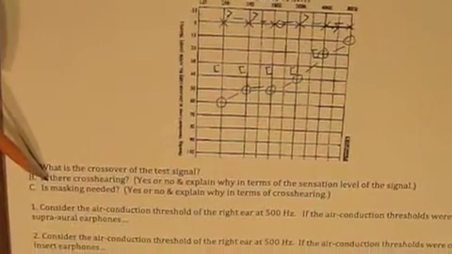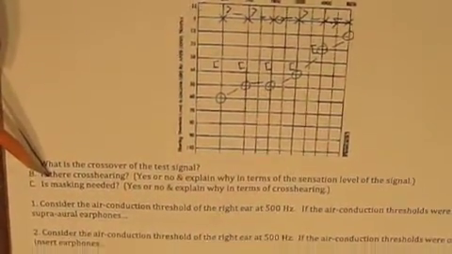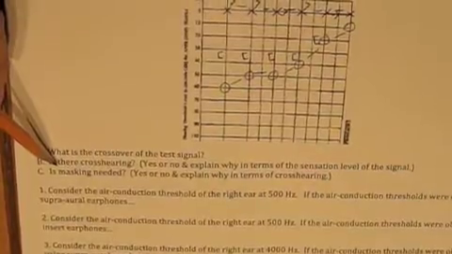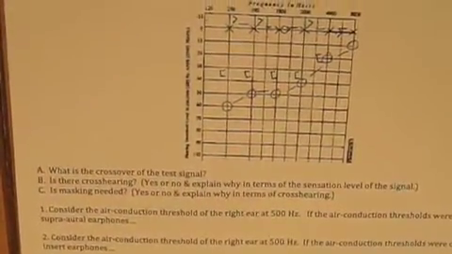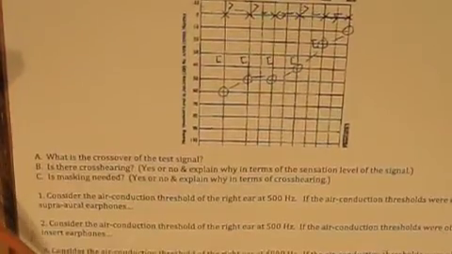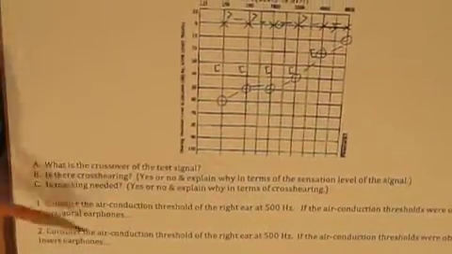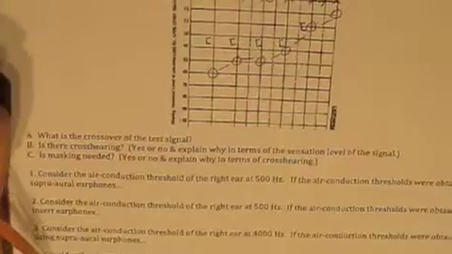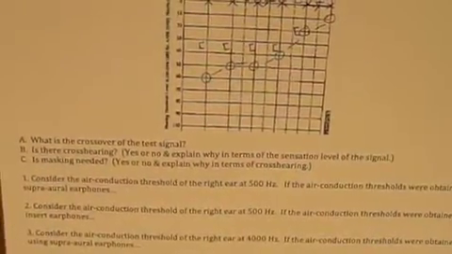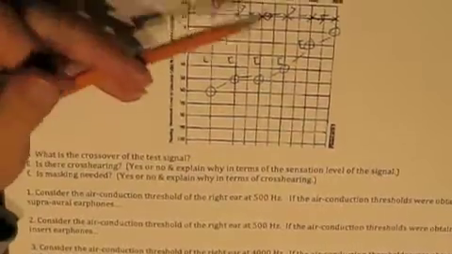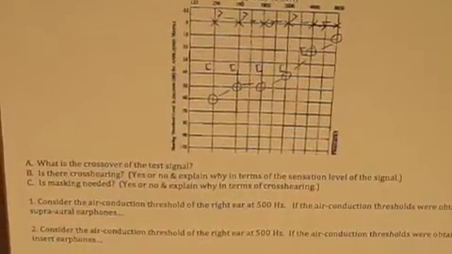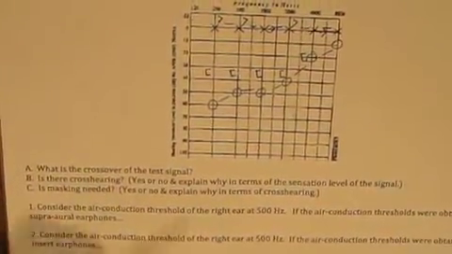It would be a negative 20 dB SL sensation level, so there would not be detection of that signal. Masking wouldn't be needed. Now, number 4, of course, if we're not going to hear it at 4,000 Hertz via supraoral phones, we certainly won't hear it with insert headphones, as the intraoral attenuation is so much greater for inserts. It's one advantage to using them.